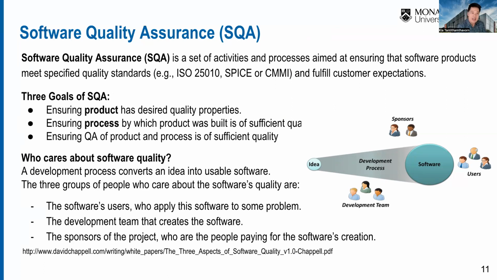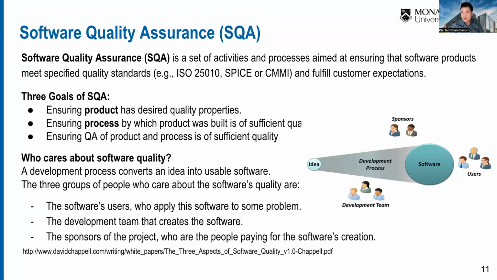And basically, there are three goals of software quality assurance. Okay, first, to ensure that the product has the desired quality properties, and to ensure that the process used to build it is of sufficient quality as well. So the goal of SQA is that we focus on both the product and the process, not just the product alone. Okay. And when we talk about quality, there are basically three groups of stakeholders who care the most about software quality.